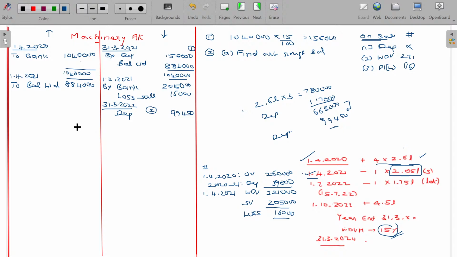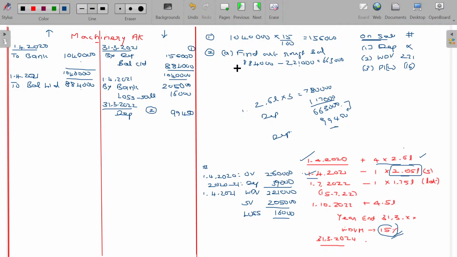By totaling this, what is the balance you have? 8,84,000 minus 2,21,000. What is the ultimate value? 6,63,000. You got this value directly by finding the rough balance.